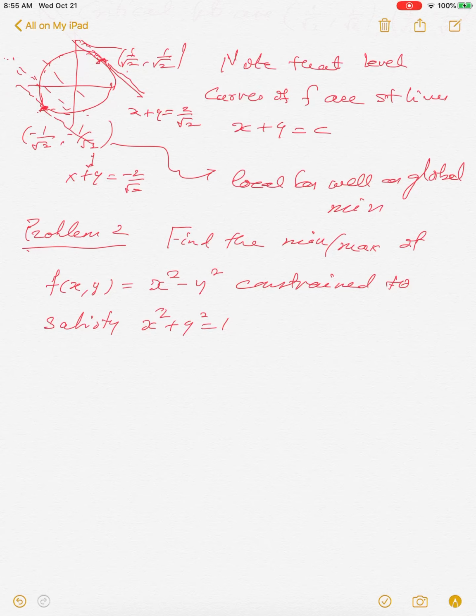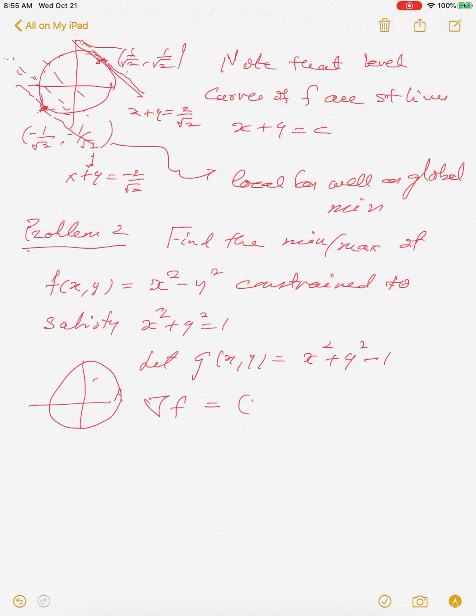So your set on which you are maximizing the function is the unit circle as before. So let us take g as before to be x² + y² − 1. So this level curve is going to be g = 0.